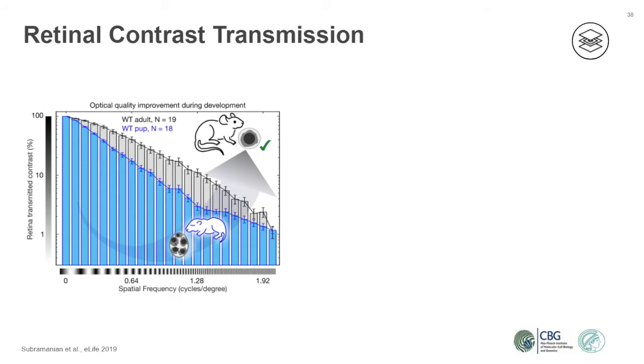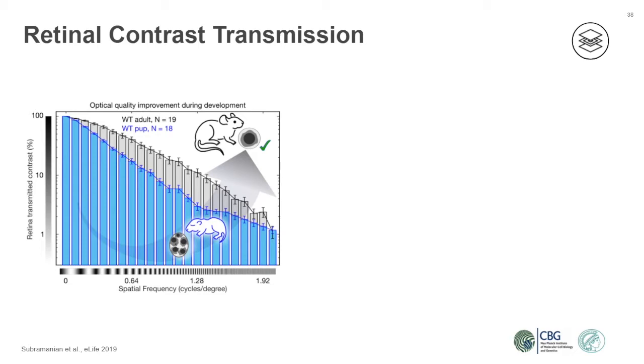Cutting short the details of the measurements, the end result was that when the retina develops from normal nuclear architecture, or the conventional architecture, to the inverted architecture, retinal contrast transmission improves for basically all spatial frequencies.